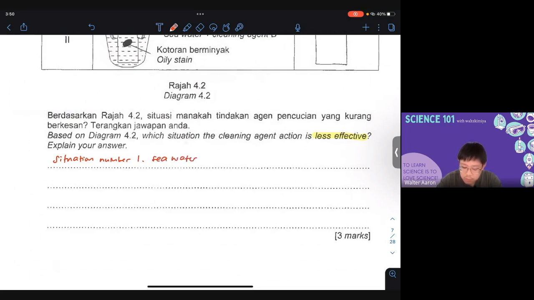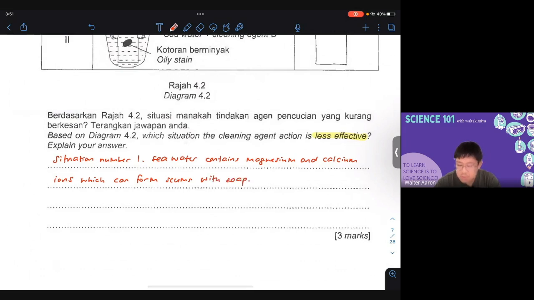So you say seawater is considered as hard water. Okay, seawater contains magnesium and calcium ions, which can form scums with soap.